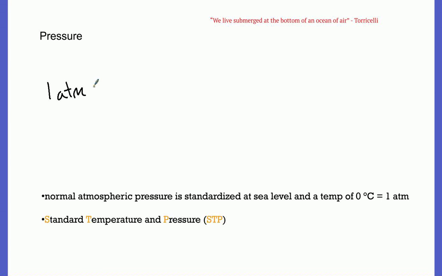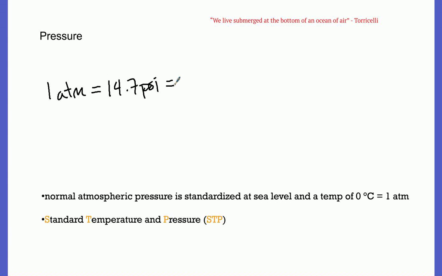But that standard pressure is equal to a similar pressure in other units. So we're going to convert a lot of pressures back and forth. Again, jumping back to that PSI, one atmosphere is equal to 14.7 pounds per square inch.